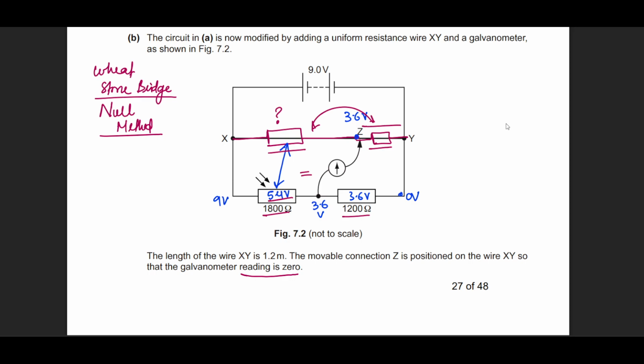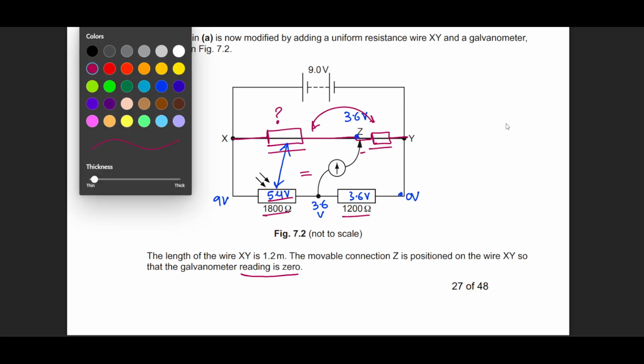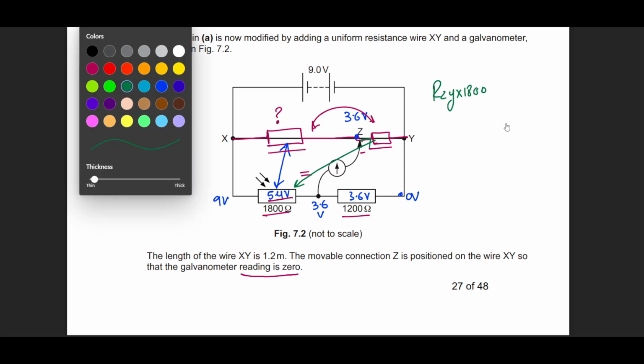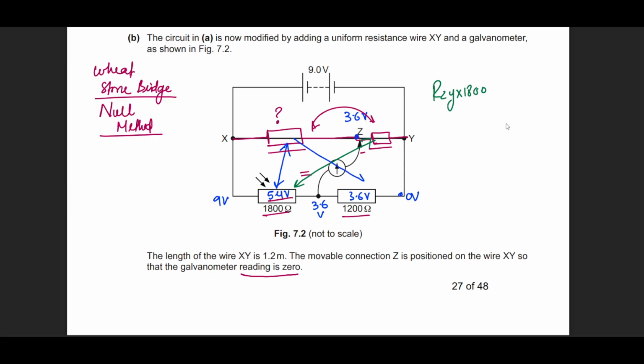That the product of opposite branches, what is the product of opposite branches? This branch and this branch will have the product of these two opposite branches exactly the same as the product of the other branches. Let me show you how it's going to go. So resistance of ZY multiplied by 1800, opposite branch resistance, is equal to the product of this branch, which is going to be equal to RXZ multiplied by 1200.